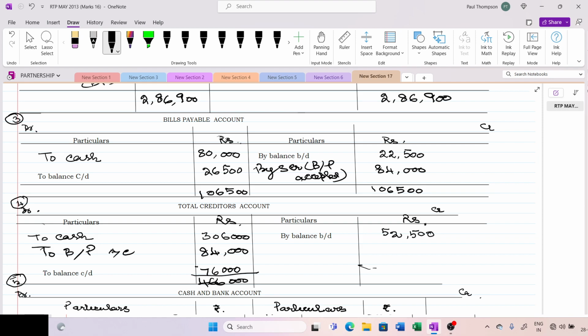So I am copying that 4 lakh 66,000. The balancing figure is 413,500. This is our credit purchases. This will go to our trading account. Our balancing figure. Okay, these items will move on to that.